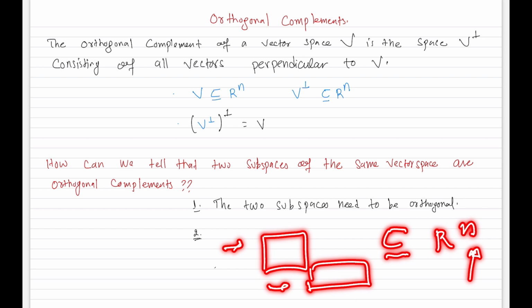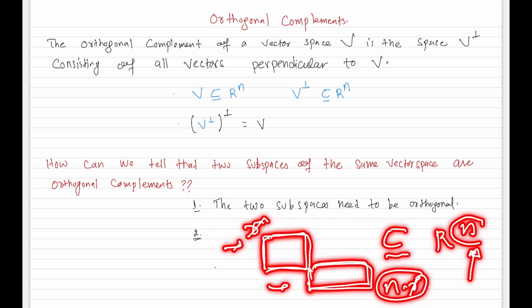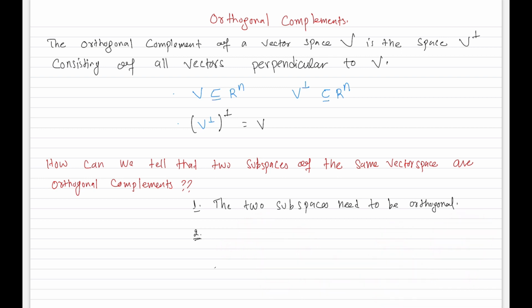So if the dimension of this particular subspace is R, then the dimension of this subspace will be n minus R, and if we add up then we will have again this complete dimension, right? So अगर दो subspaces orthogonal complement है then they are going to be orthogonal. That is the first point.